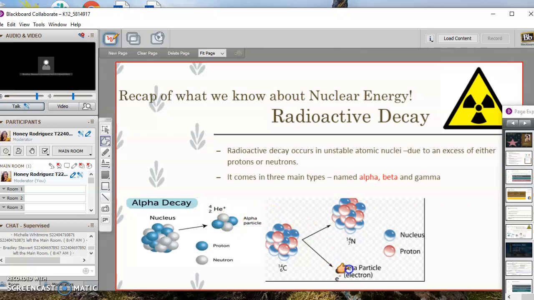We also saw during beta decay that something different happened. We didn't emit a particle, we emitted an electron, and within beta decay, one of the neutrons within the nucleus turns into a proton. In either case, in alpha decay and in beta decay, we form a new isotope.